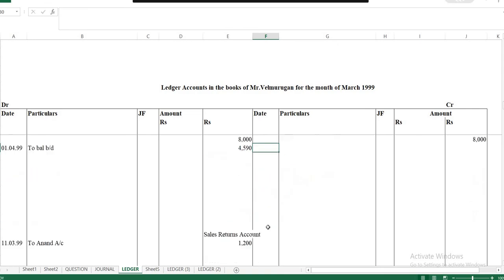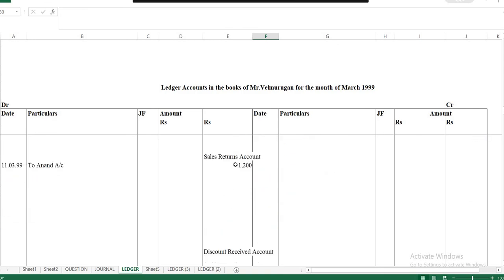Okay, like this each and every account you have to close. If you look at the sales return account, it is 1200. This side also 1200. Here I have to give again 1200 only. If anything were there, I would subtract and show, but nothing is there, so I have to give 1200 only here also.